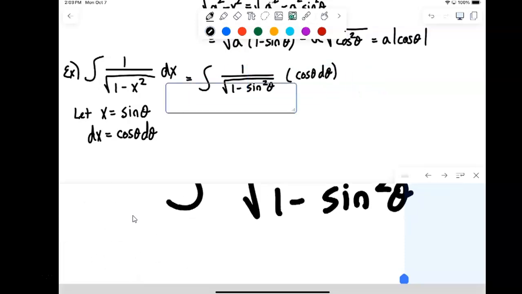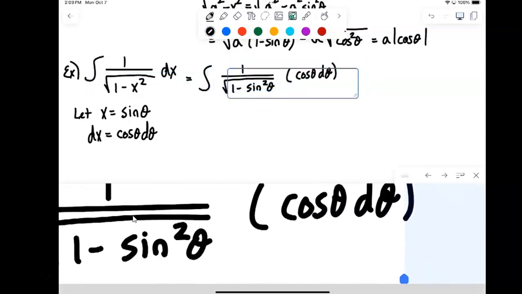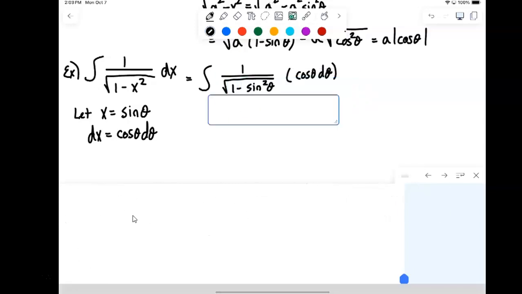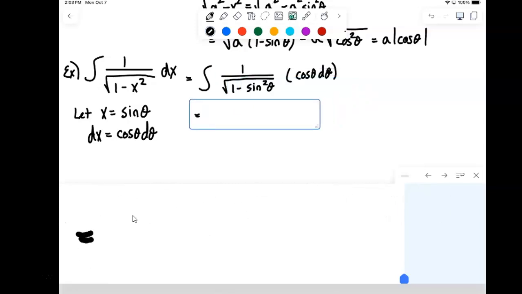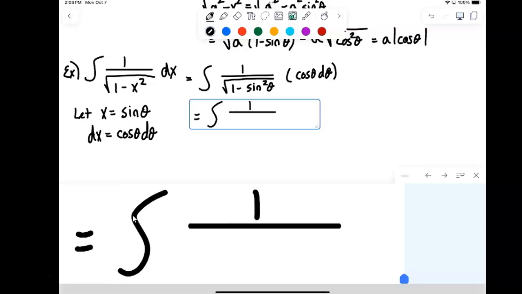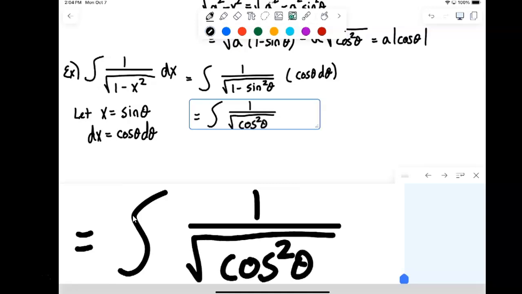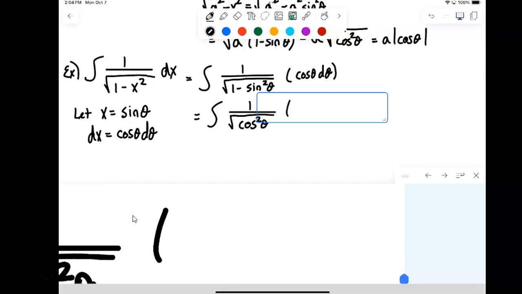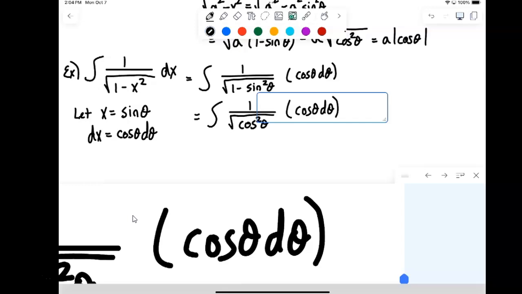So we've changed from the x variable over to the theta variable. But now, 1 minus sine squared is just cosine squared. So we're going to have the square root of cosine squared theta, and then on top here we have a cosine theta d theta.